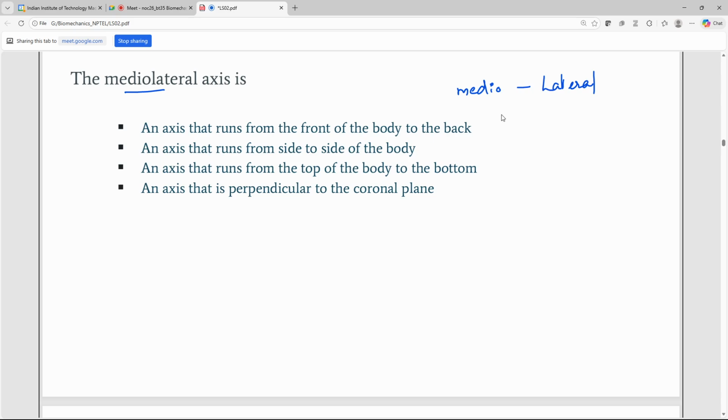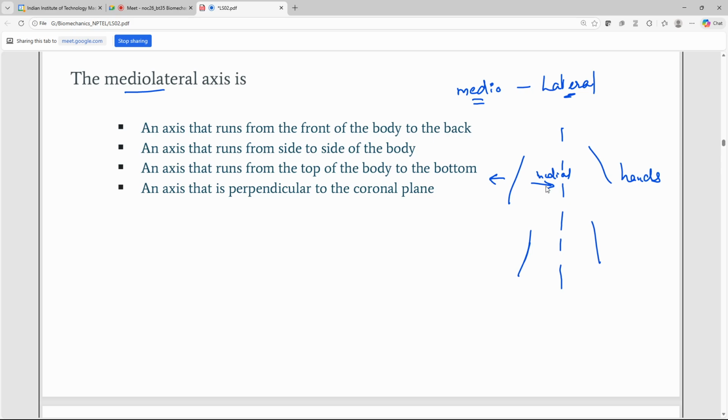If you remember, the word medial means, suppose this is the midline of the body, these are two hands and two legs, anything towards the midline or center is called medial, and anything away from the midline is called lateral.